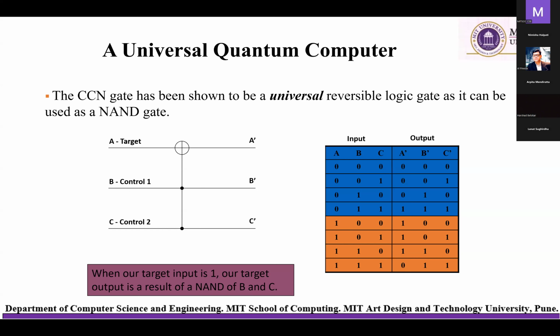When A, the target, is 0, the output is unaffected by the control qubits. When A is 1, the output is the result of the NAND operation between B and C. This universality property is crucial for the construction of quantum circuits, as it allows quantum systems to simulate classical logic operations in a reversible manner, which is essential for quantum computing.